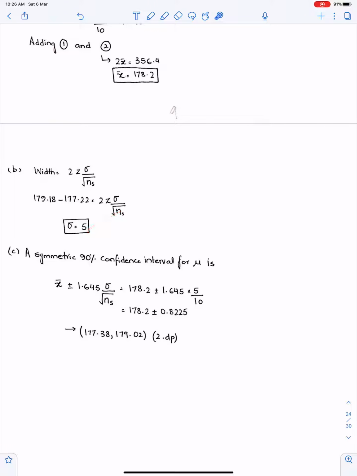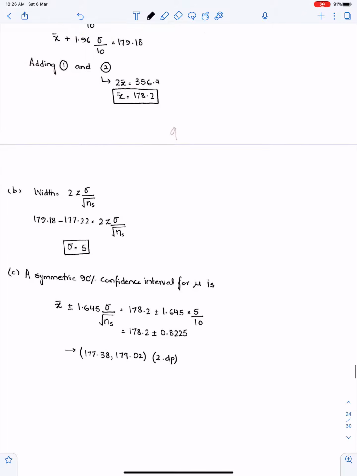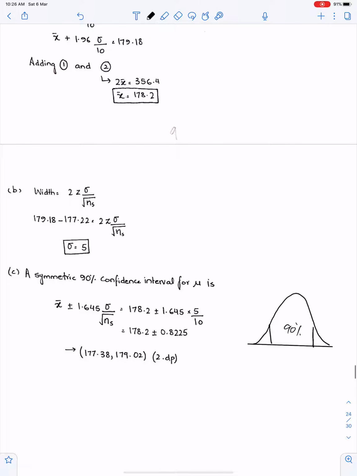Now 90% confidence interval means this area, I'm sorry, this is 90%, so this should be 90 and these both should be 5% each.